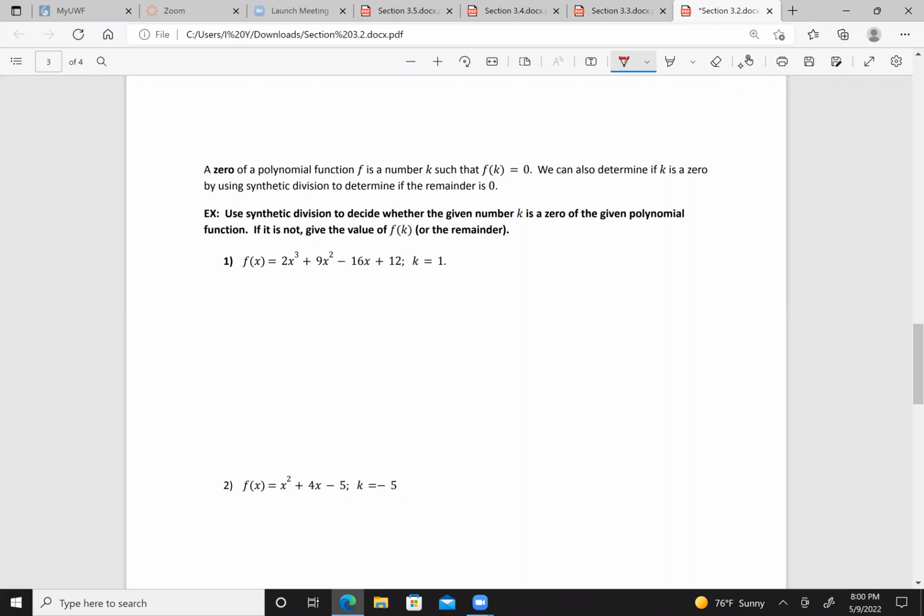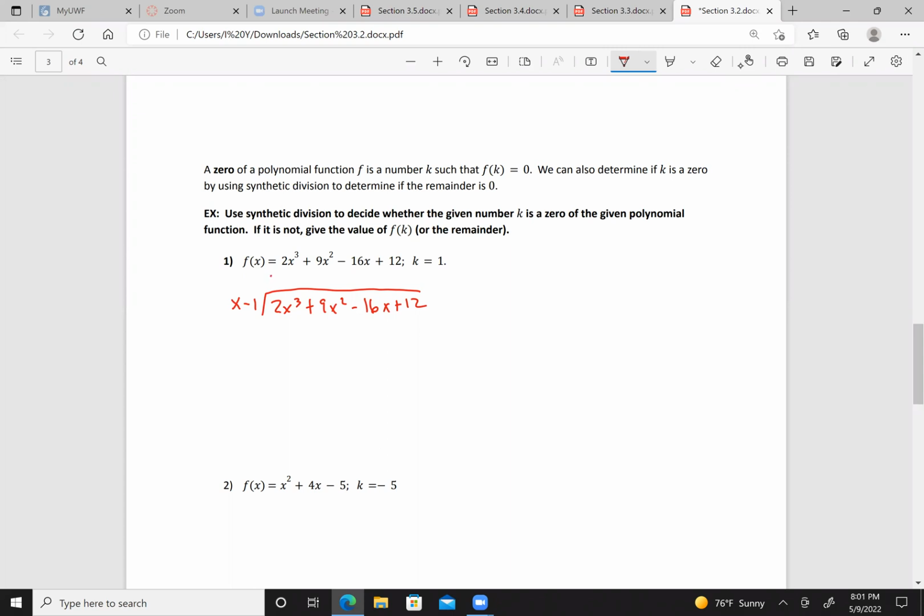If not, give the value of f of k or the remainder. So we're going to use synthetic division. K equals 1. So we have x minus 1 going into 2x cubed plus 9x squared minus 16x plus 12. If we get a remainder of 0, 1 is a 0.